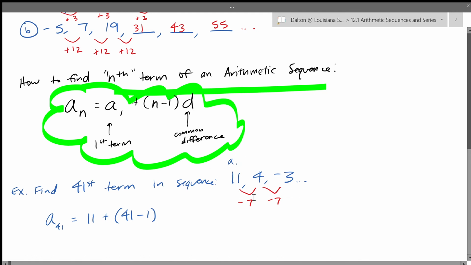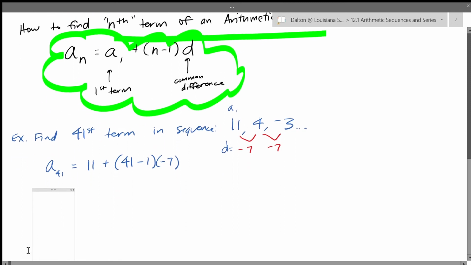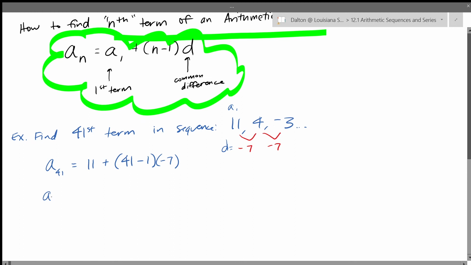If they're decreasing, then we're subtracting, so our difference is going to be negative. So in this case, d, which we already found, is negative 7. So it's 11 plus 40 times negative 7. So when you reduce that, the 41st term in this sequence should be negative 269.